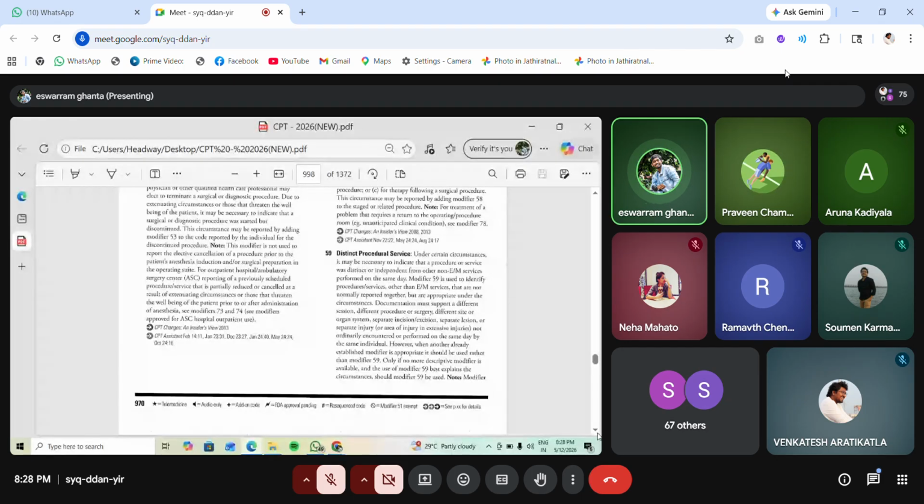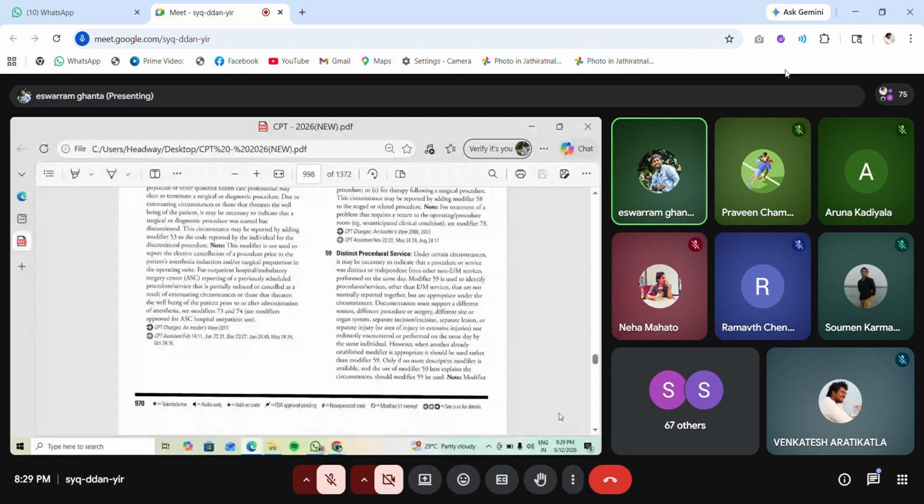If the E&M team performed any procedure rather than E&M service, like incision or excision or separation or anything else, then for that scenario we give the 59 modifier.